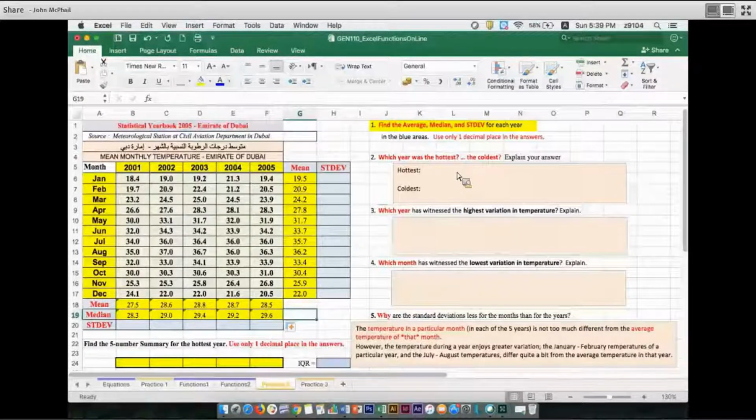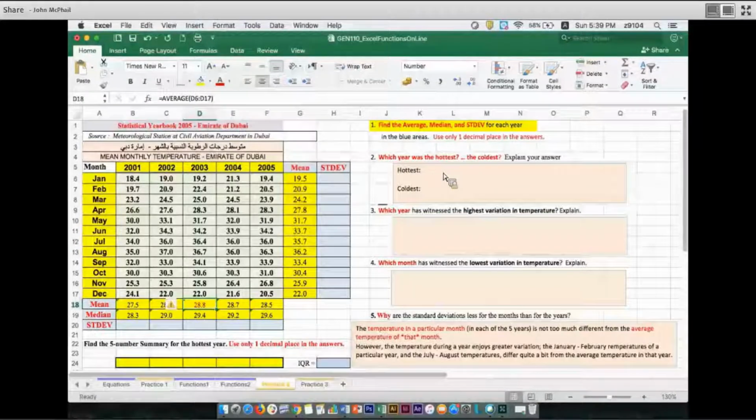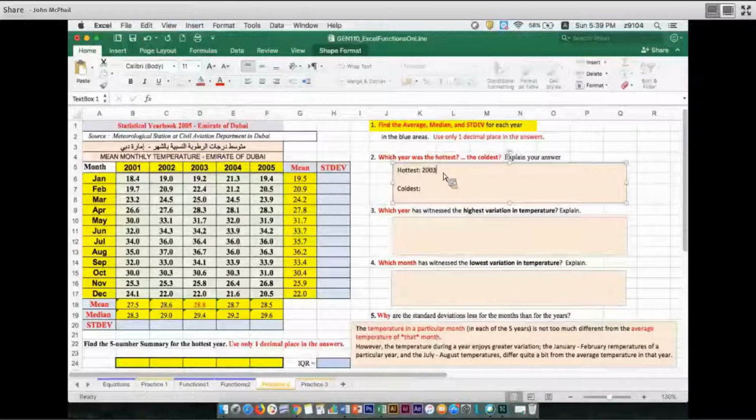The hottest year, if we base our observations on the average temperature, is 2003. We will note that this is the highest average temperature of the 5 years.